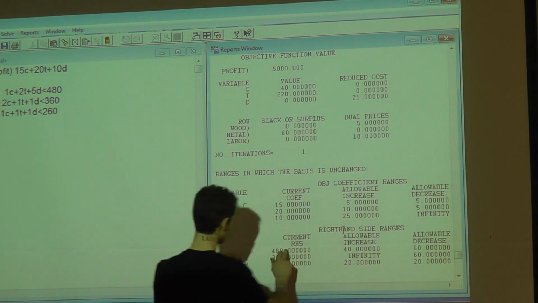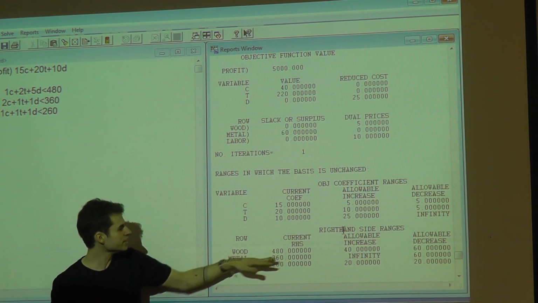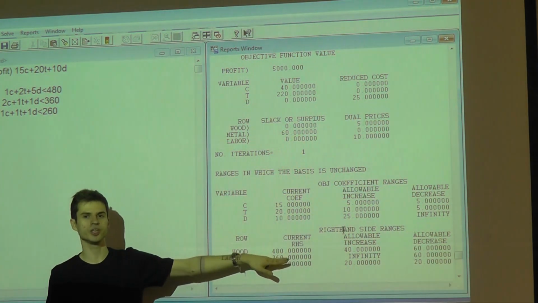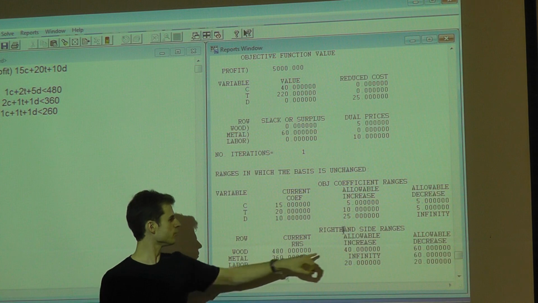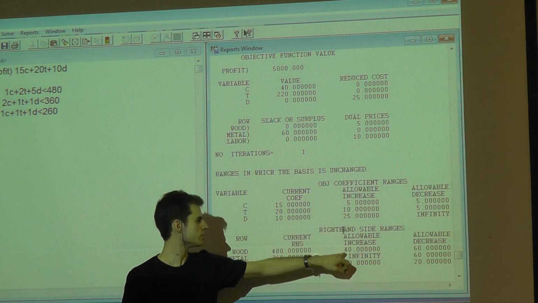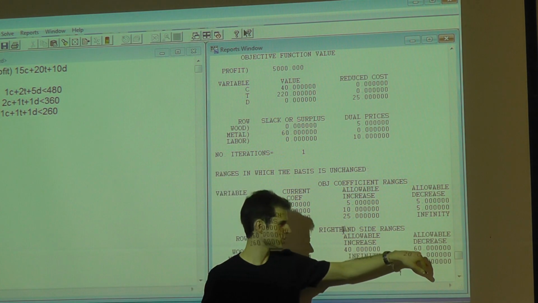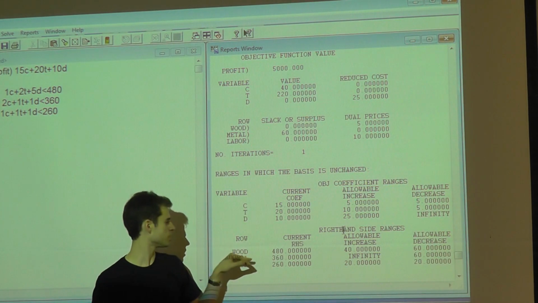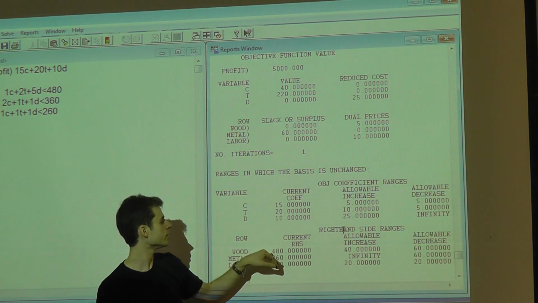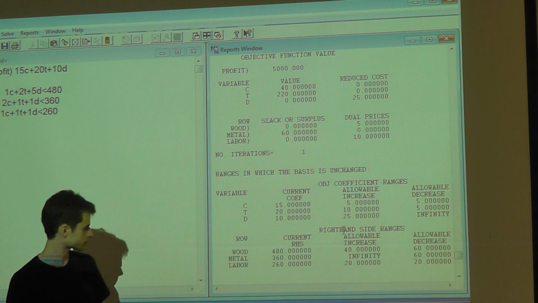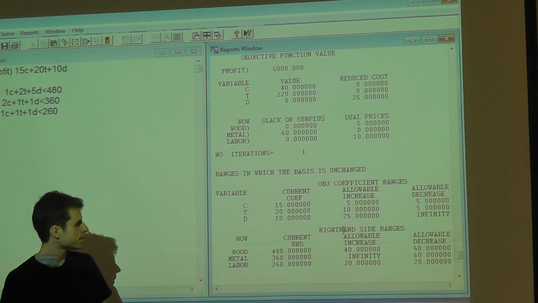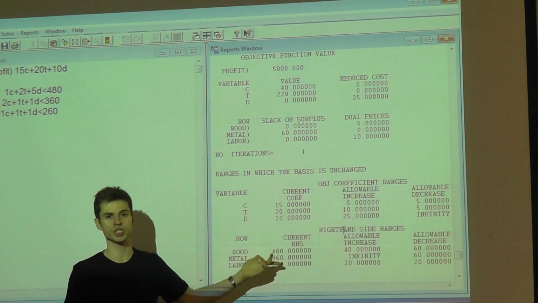So let's go say to this line. Right now we have 480 units of food available. This line tells you if you increase the amount of food available by 40 or decrease it by 60, so basically if the amount of food is in the range from 420 to 520, then the basis will not change.